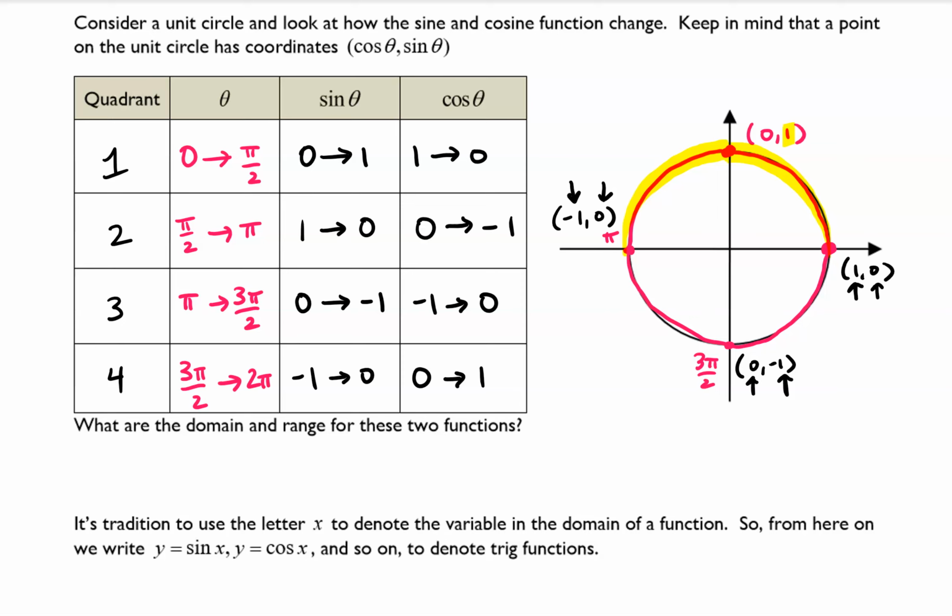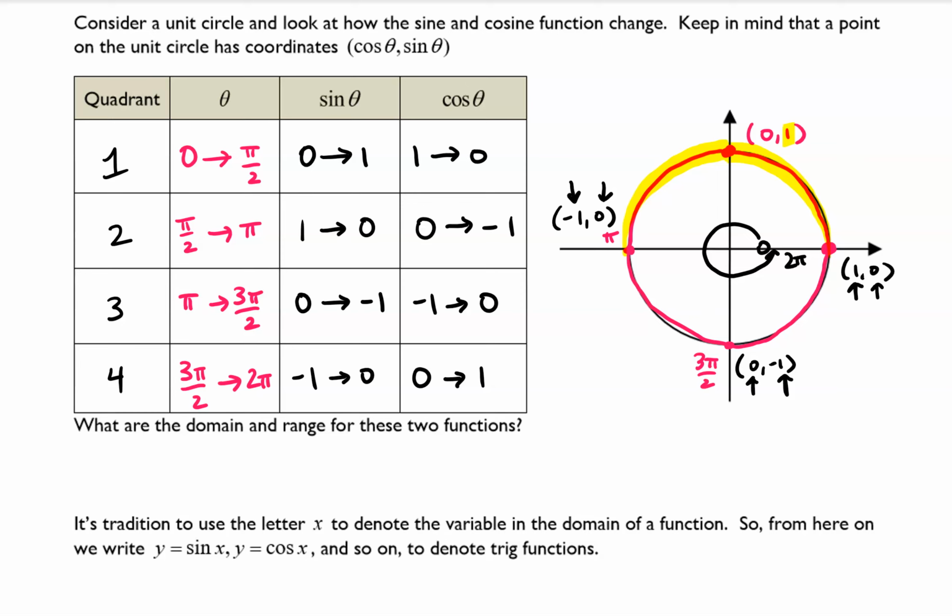So what are the domain and range for these two functions? Notice if I do one revolution, I'm starting at 0 radians and going around a full rotation, and that ends me up at 2 pi radians. But I can keep going past 2 pi. I could do another full rotation, go to 4 pi, 6 pi, 8 pi, and keep finding the sine and cosine values of that angle.